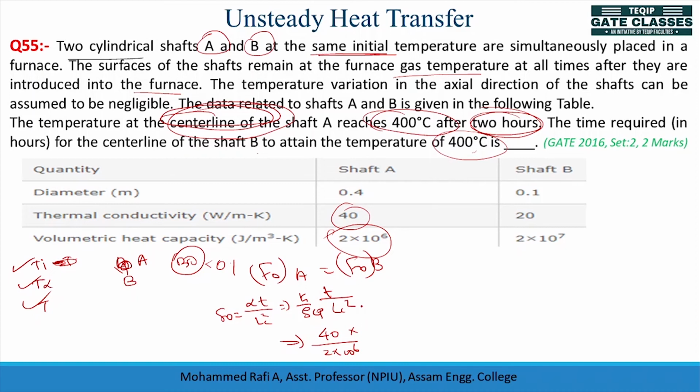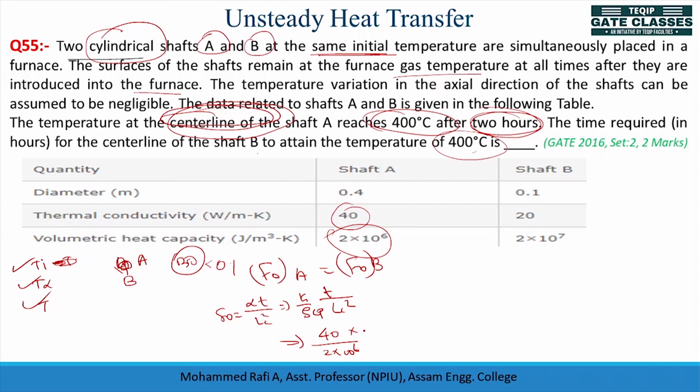And Lc, in case of a long cylinder, if you don't know the length, then you have to consider it as a long cylinder. In that case, we already know it will be Lc equal to R by 2, or you can directly take the diameter as it is.